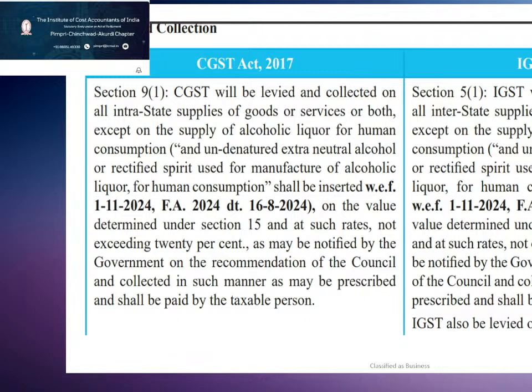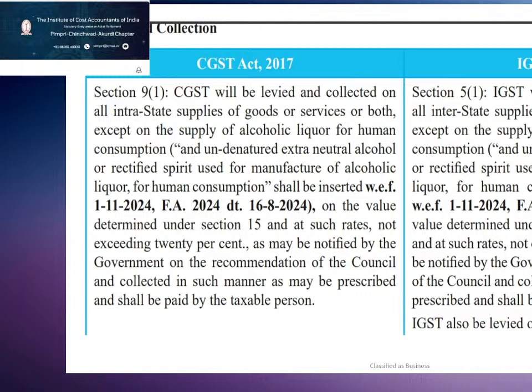The only thing we should not consider is, as per the definition of aggregate turnover, the interest earned on deposits or loans or advances will not form part of aggregate turnover. So the total is 138 lakhs.